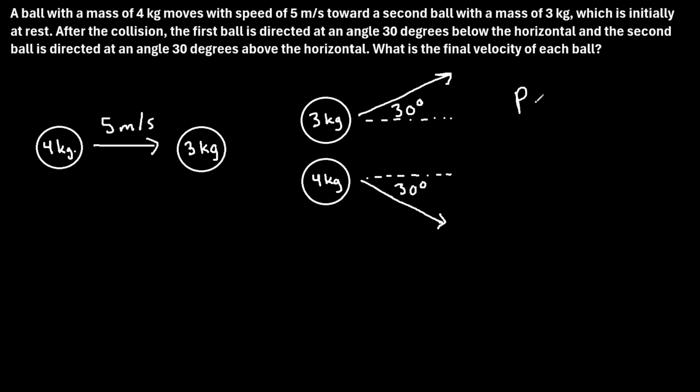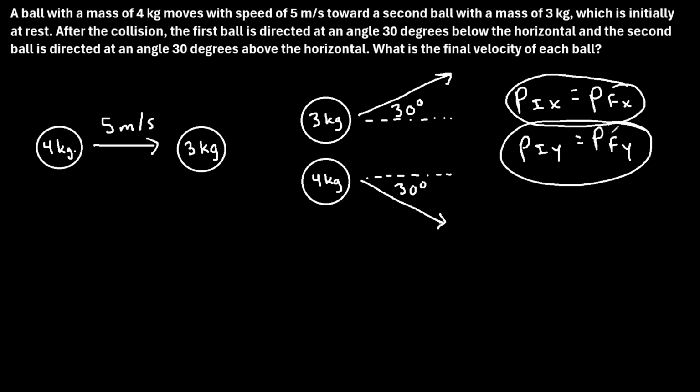The initial momentum in the x direction must be equal to the final momentum in the x direction. And momentum is denoted with a lowercase p. And we can also say that the initial momentum in the y direction must be equal to the final momentum in the y direction. So we're going to write out each of these equations and solve for any missing variables that we encounter.